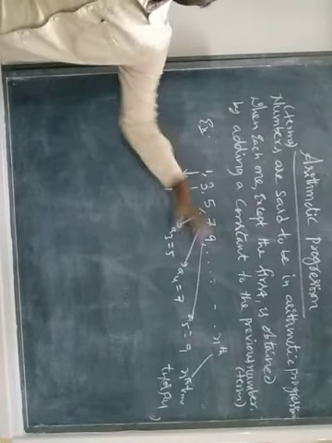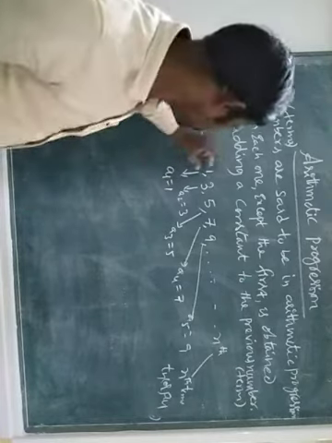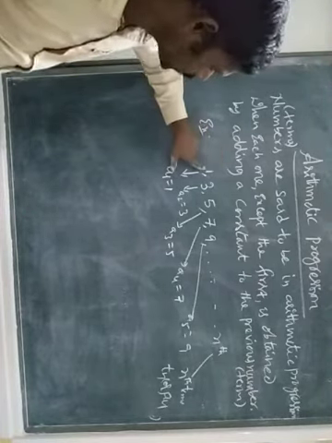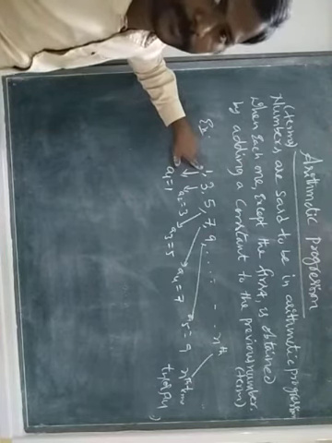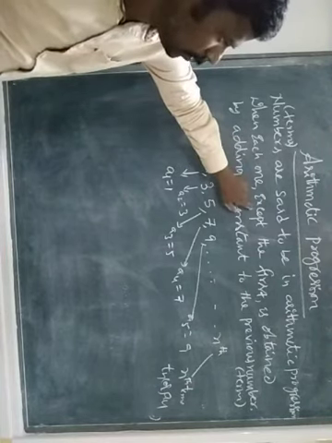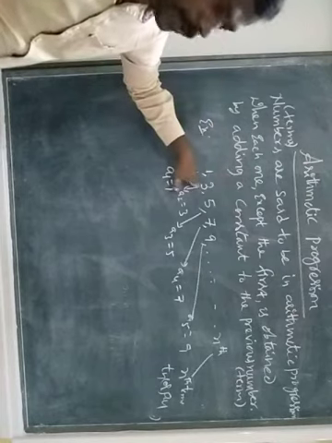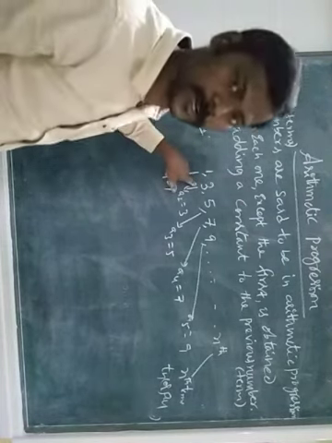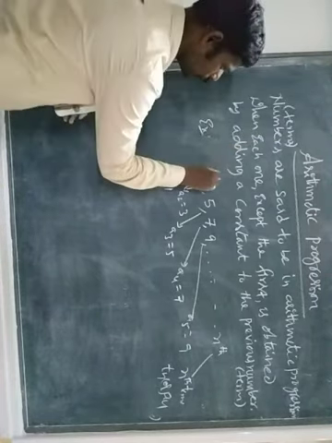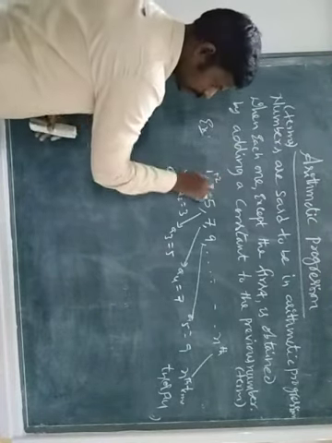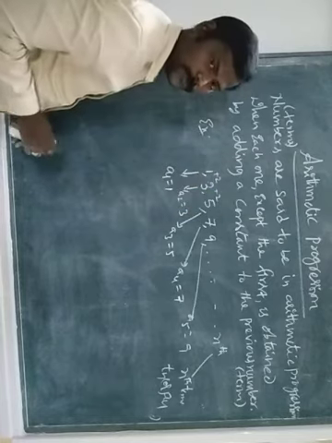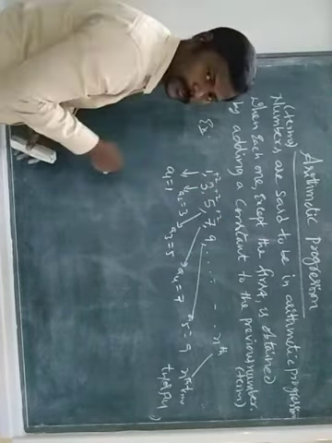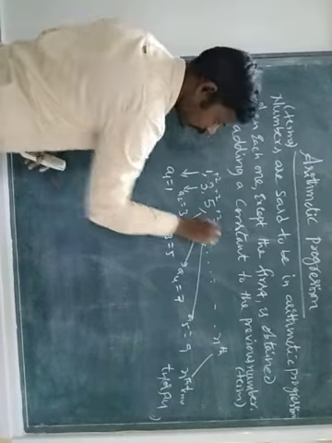This is a sequence or a progression. A progression is said to be an arithmetic progression if, from the second term onwards, each is obtained by adding a constant number. See, 1 plus 2 how much, children? 3. 3 plus 2 how much? 5. 5 plus 2 equals 7. 7 plus 2 is 9.